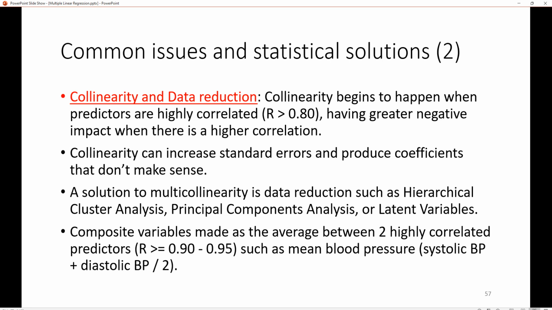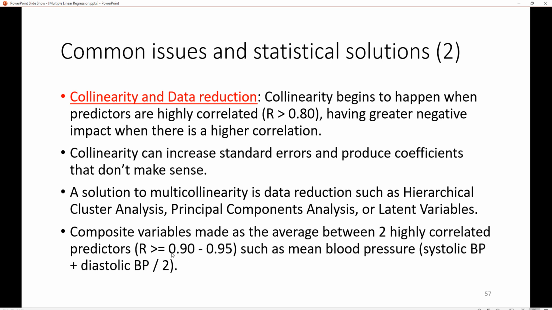The solution to multicollinearity is data reduction, such as hierarchical cluster analysis, principal components analysis, or latent variables. Just like with smaller samples, we can use different approaches to give us more accurate results. Composite variables can be made as the average of two highly correlated predictors.